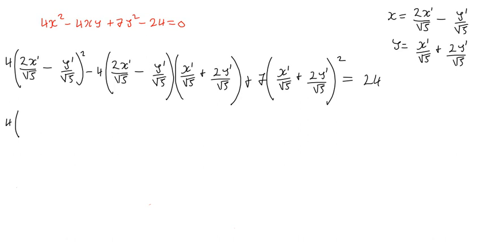So expanding this part here, what are you going to get? First of all, you're going to have 4x prime squared divided by 5. Then plus y prime squared divided by 5. Then you're also going to have minus 4x prime y prime divided by 5. Then you close like that.